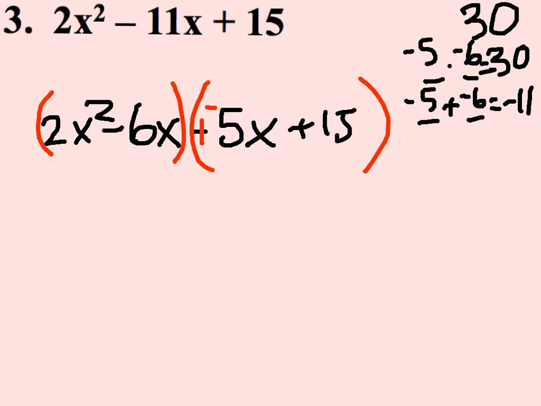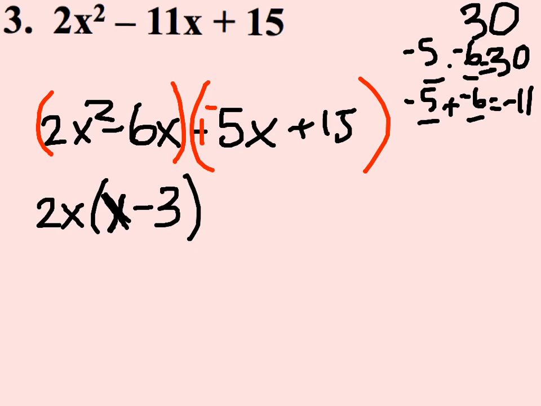My GCF of 2x squared minus 6x is going to be 2x. When I take a 2x out, I'm left with 1x minus 3, that's x minus 3.